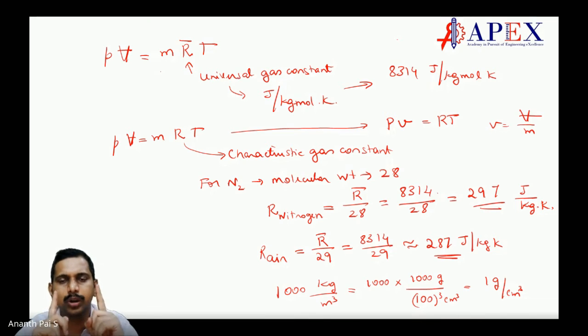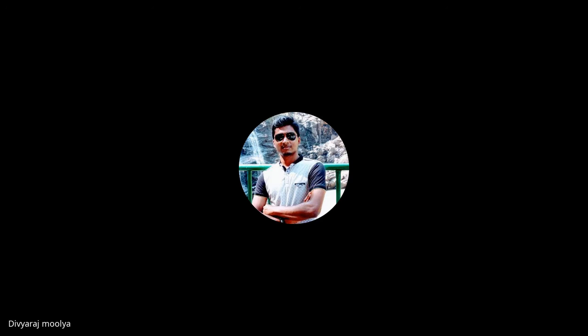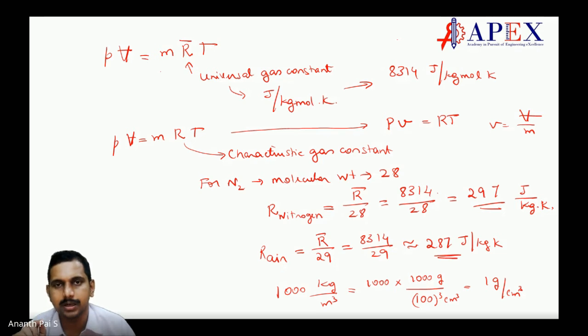1 kg mole of substance consists of Avogadro number of particles, is it not? So 6.022 into 10 power 26 particles.